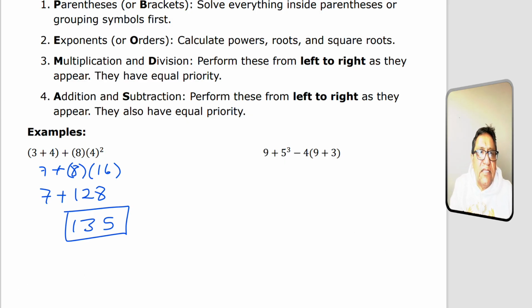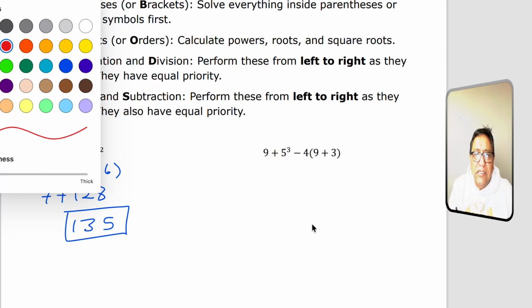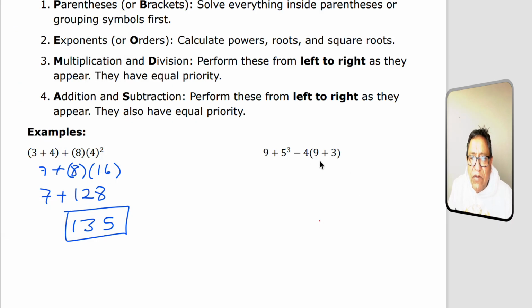So let's see the following example. Again, we have a parenthesis right here, so we need to take care of that first. So we have 9 plus 5 cubed minus 4 times 9 plus 3, which will be 12.